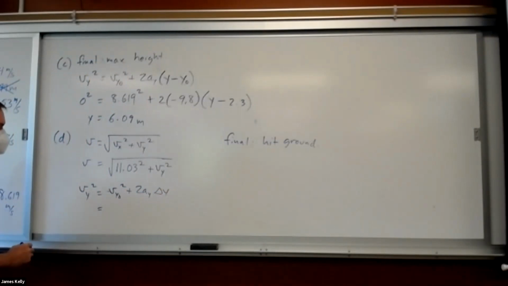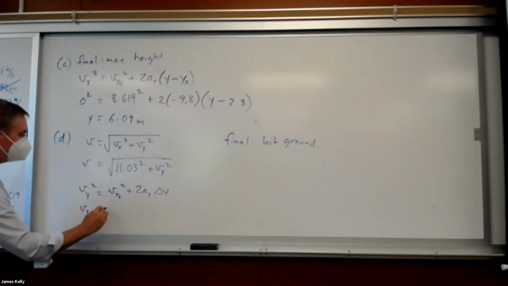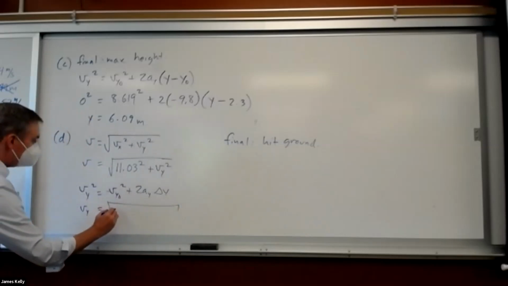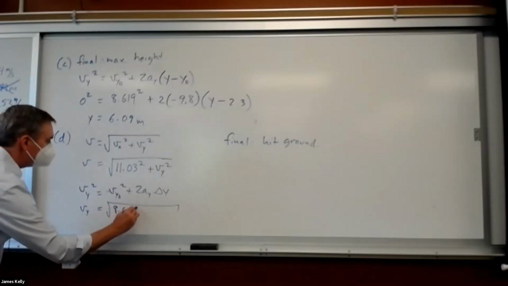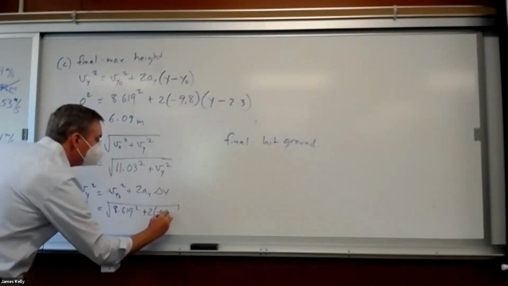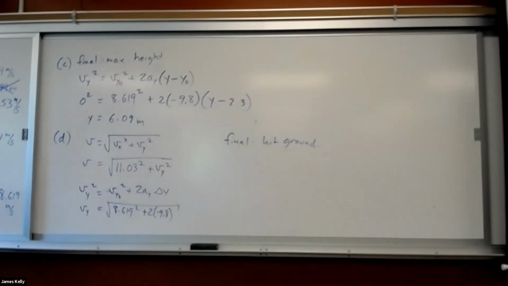Vy final then will be the square root of this stuff. Vy initial is 8.619, that's getting squared, plus 2 times minus 9.8 times delta y in between initial and final. What's that number? Looking at the diagram over here, we're taking the original initial and final now. What's delta y between initial and final?